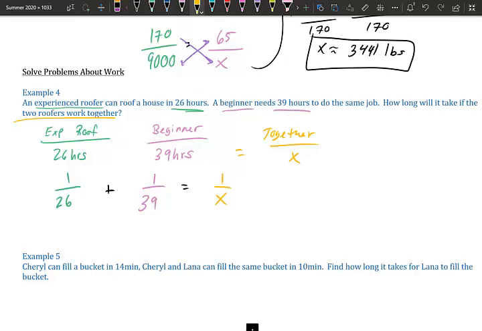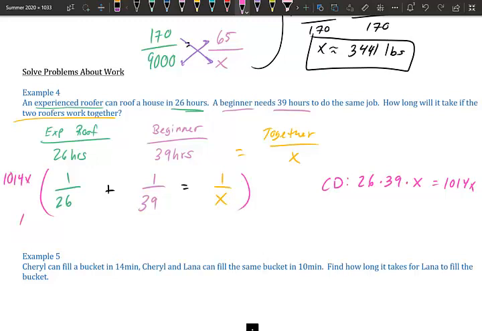So in order to add, we are going to get rid of the fractions. So to get rid of the fractions, we're going to need our common denominator. So 26 times 39 times x. And we get 1014x. So that's what we're going to multiply everything by.